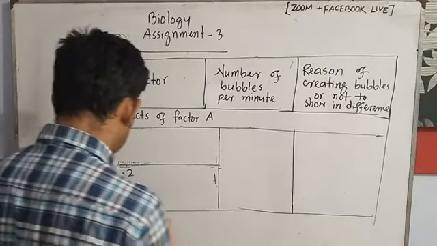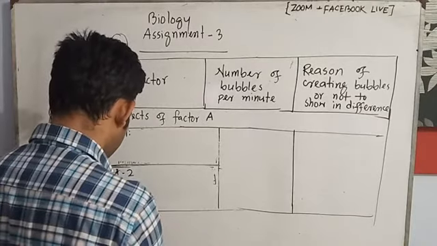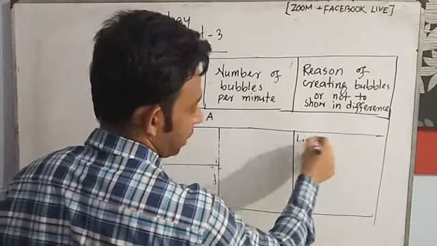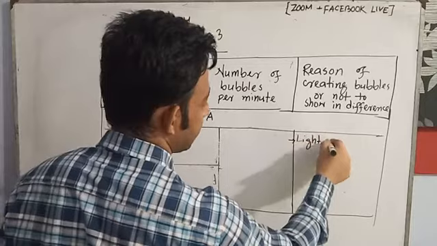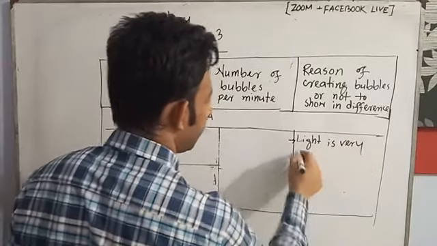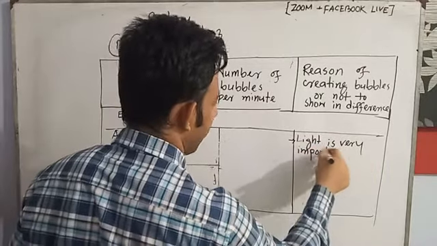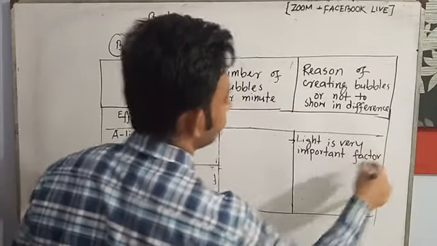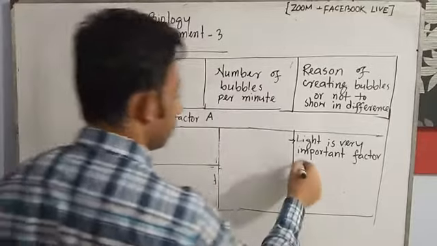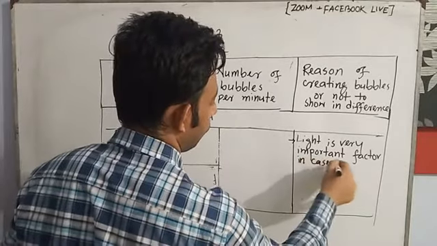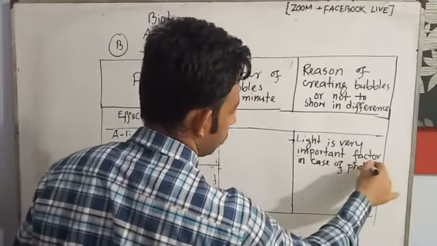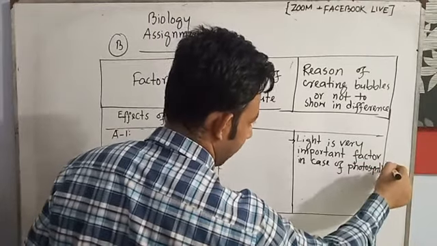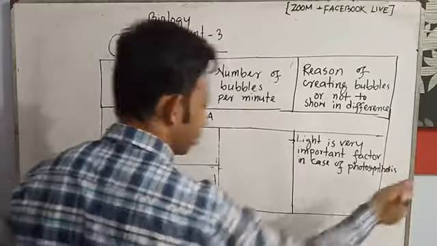So, I write the point: light is a very important factor in case of photosynthesis. I write in there; this box you will write accordingly. Photosynthesis.